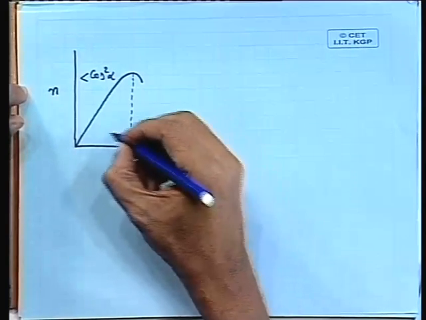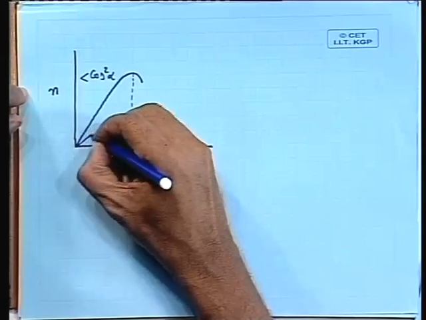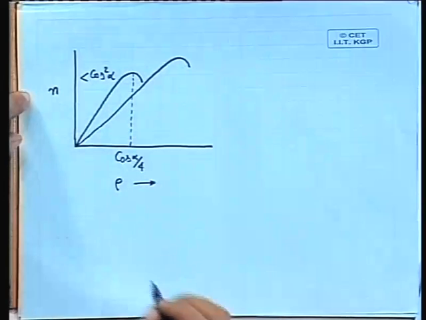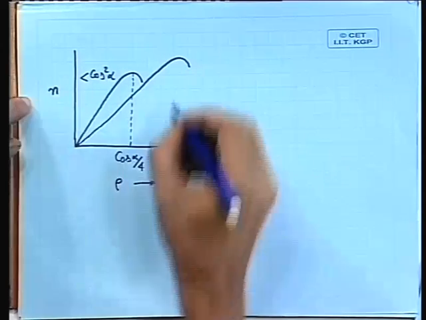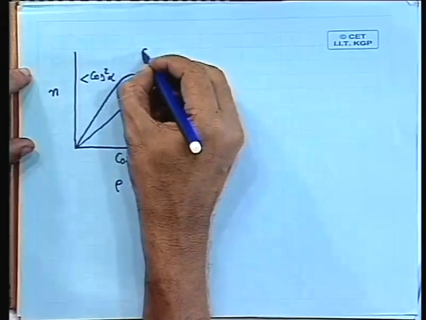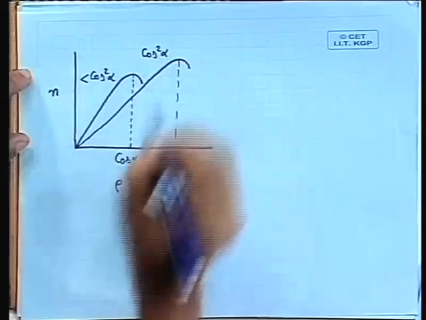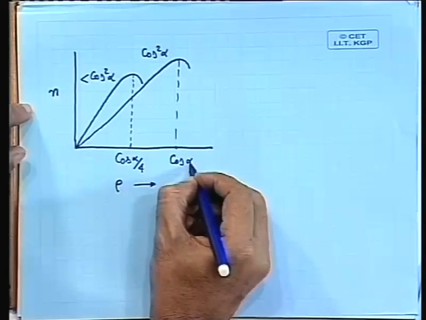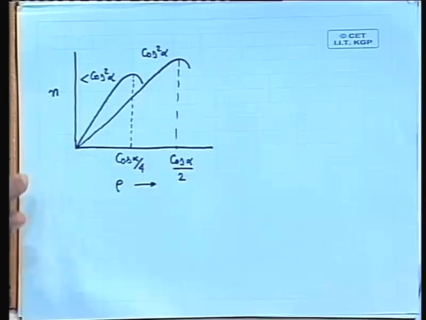Then, if you have considered the basic impulse stage or the Rateau stage, the efficiency was cos square alpha, and rho was cos of alpha divided by 2. This we have derived earlier. And then just now we have derived for the reaction stage.